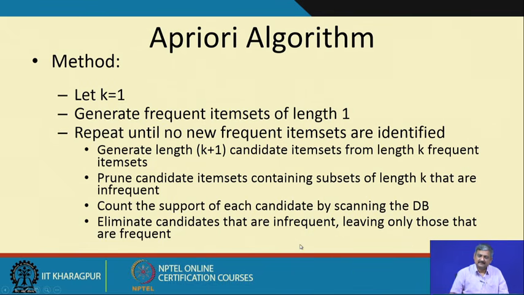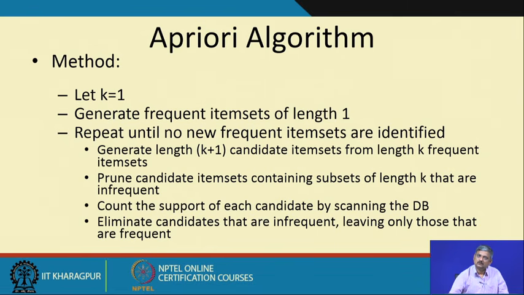So, the steps are this: generate item sets of length 1, and then recursively from frequent item sets of length k, generate item sets of length k plus 1.